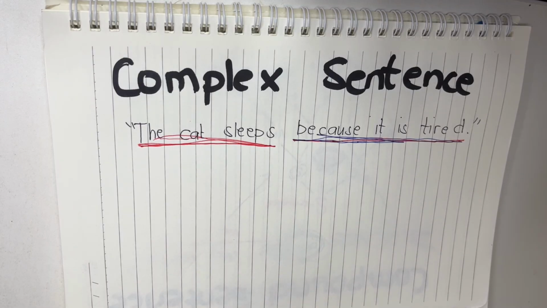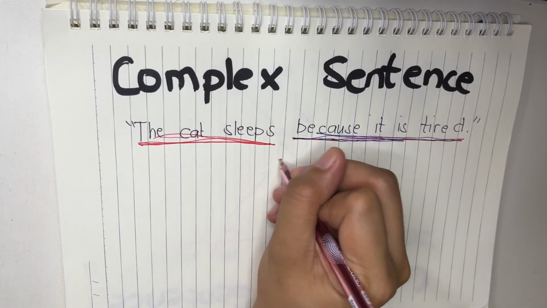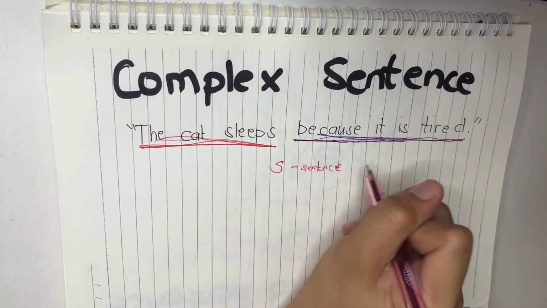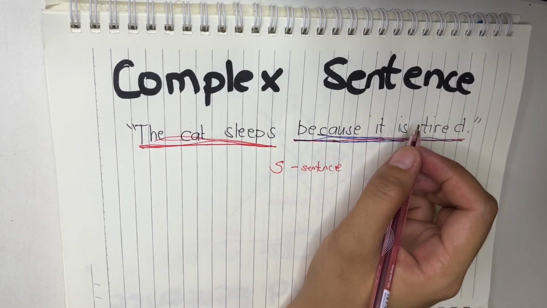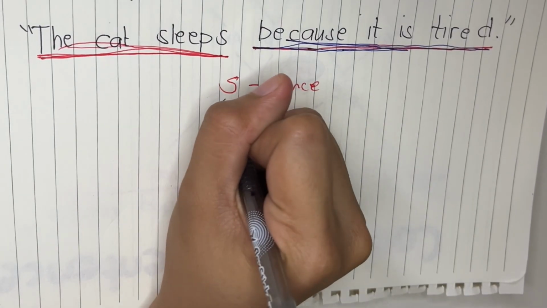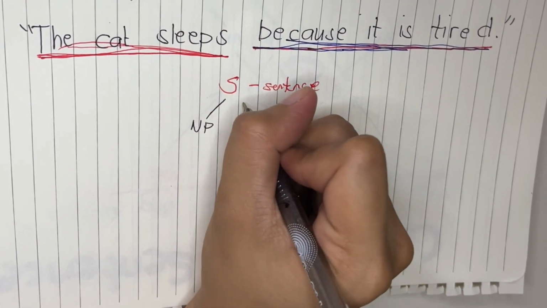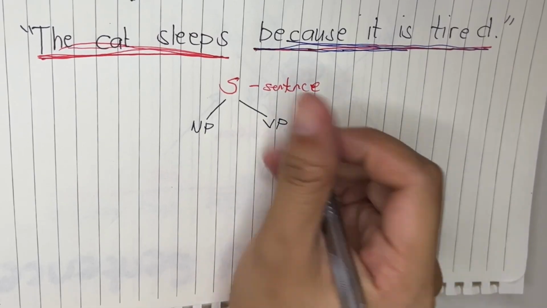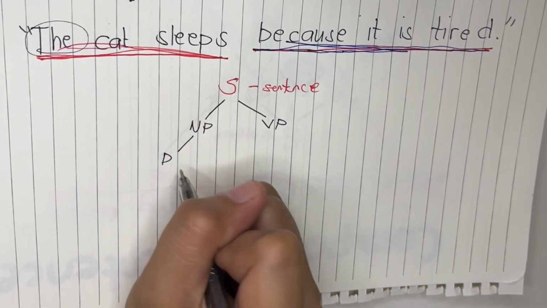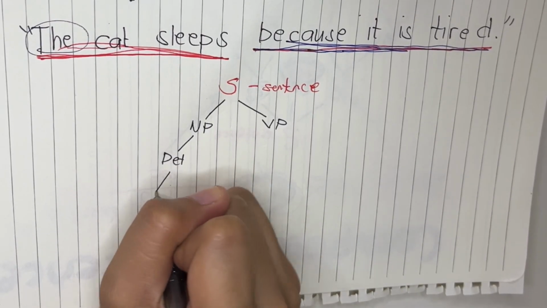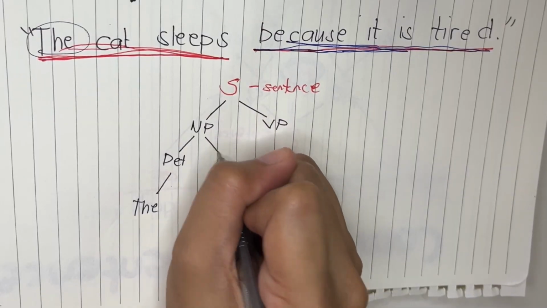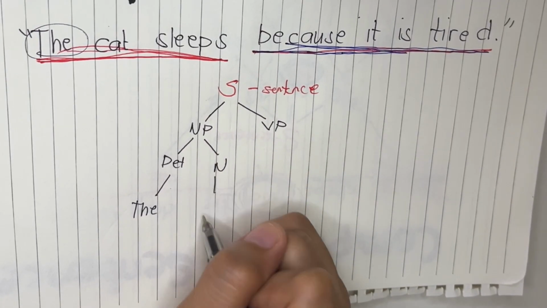So now let's draw the tree structure. We have a sentence again, the noun phrase and the verb phrase. So we have the determiner the and the noun cat.